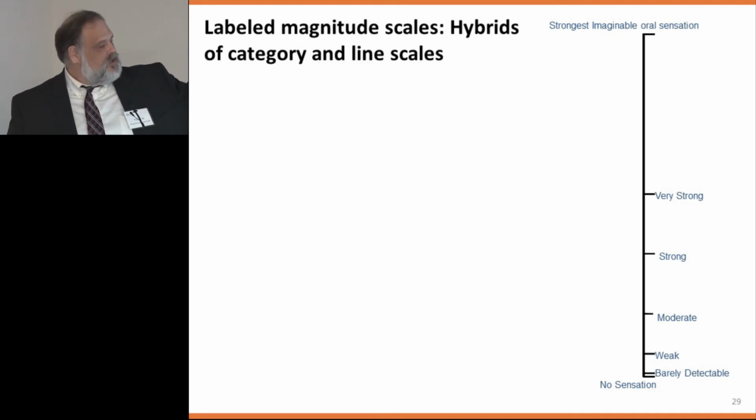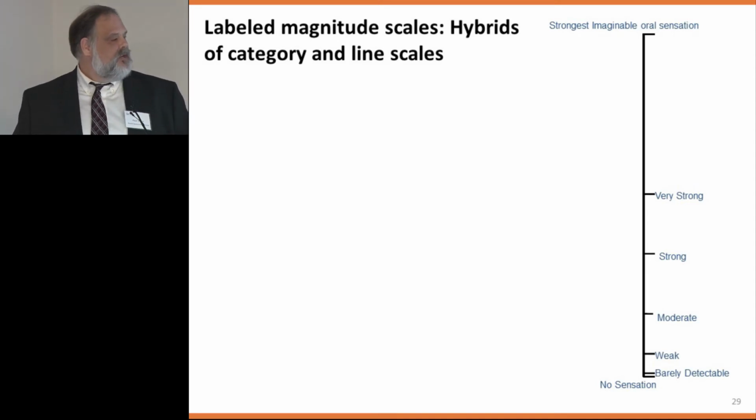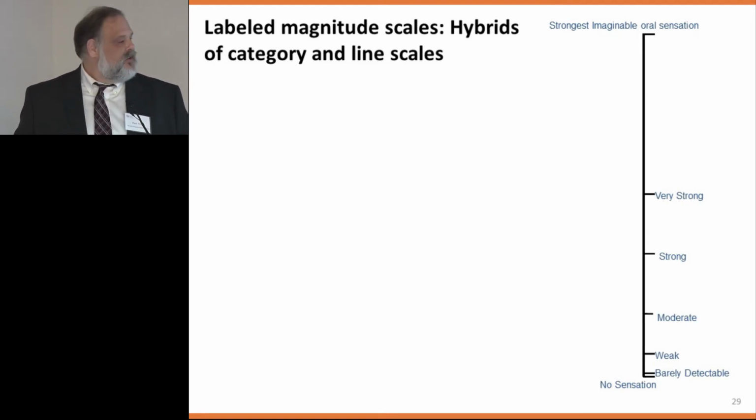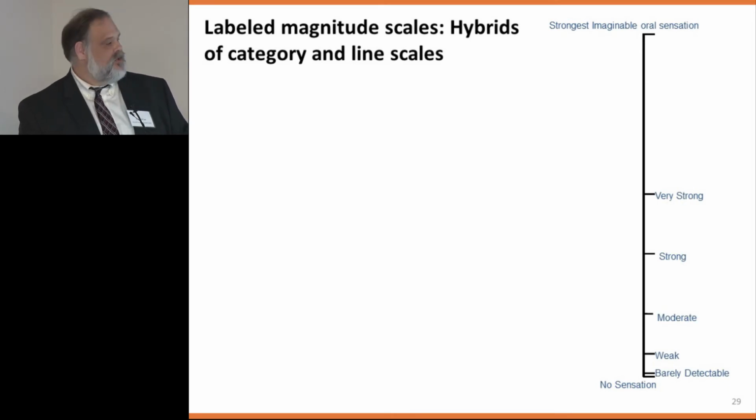But the cool thing about the spacing is that Barry Green and his colleagues used magnitude estimation to have people rate the strength of these adjectives. And they're spaced accordingly. It's a quasi-logarithmic spacing. But what does that do? By using magnitude estimation to space the labels, they're no longer arbitrarily spaced. And you get almost perfect agreement between magnitude estimation and the GLMS.